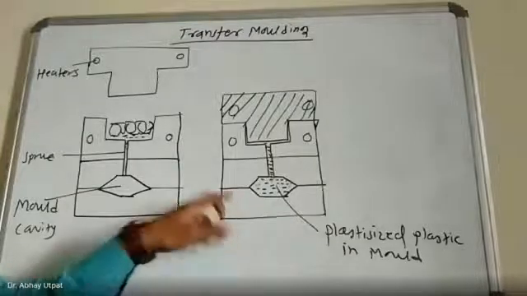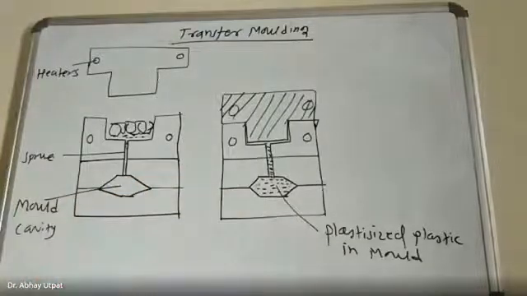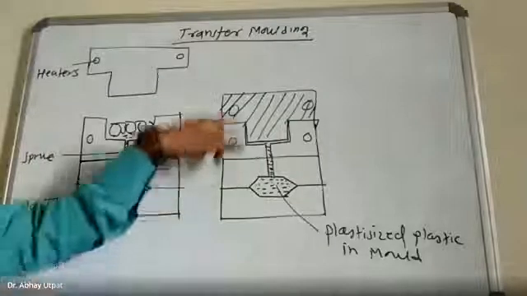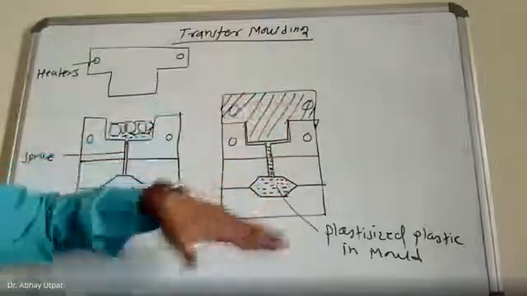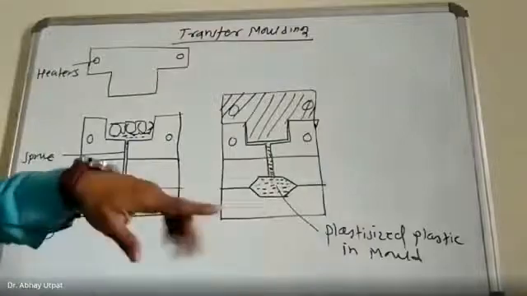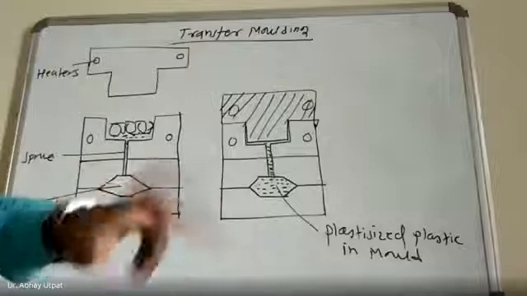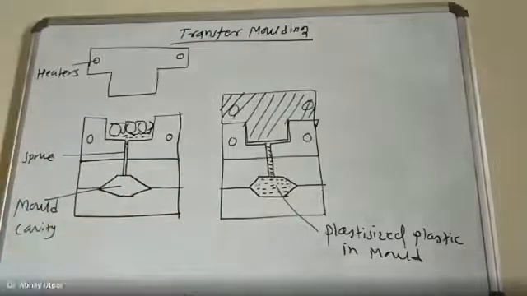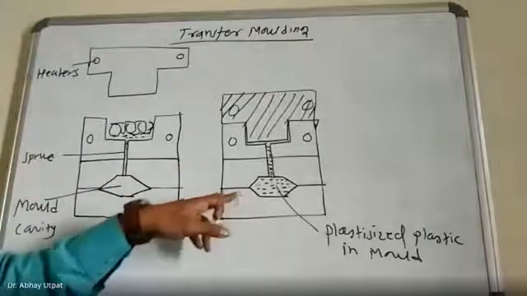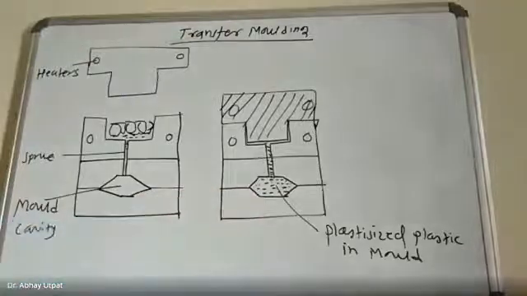In this way, this is a little more advantageous than only compression molding, and hence these heaters and other arrangements are separated from the mold. Sometimes it is difficult to work because things are integrated. The bottom side of the jaw, we can say, is half of the mold.